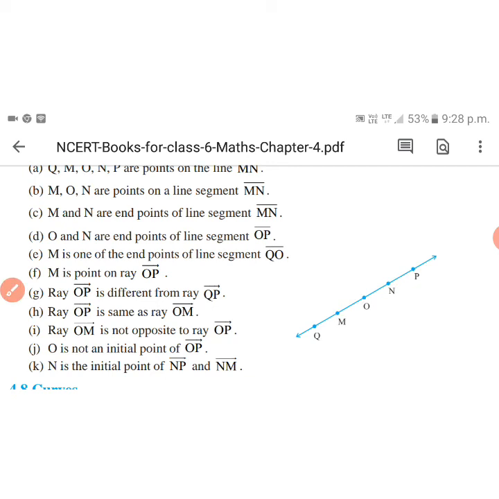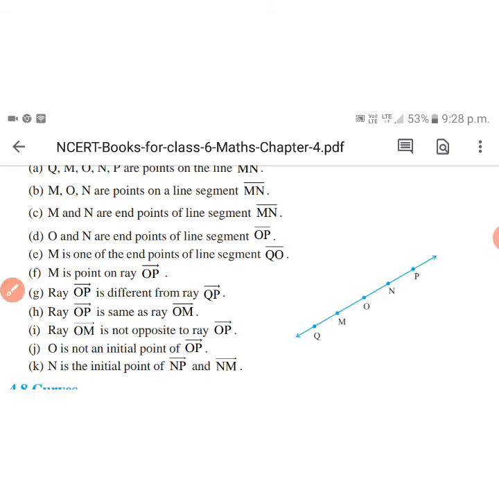I part: ray OM is not opposite to ray OP. But ray OM is opposite to ray OP, so the statement is false.